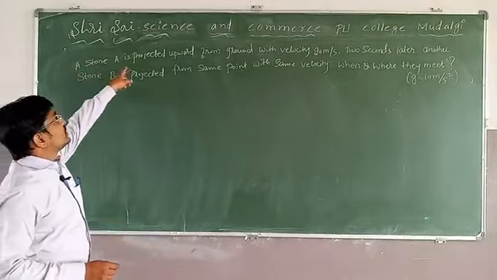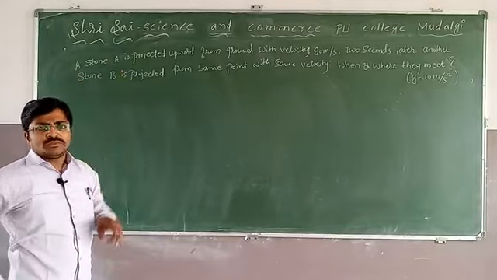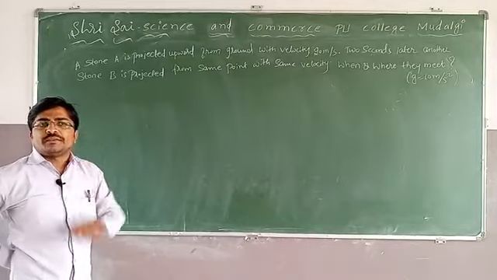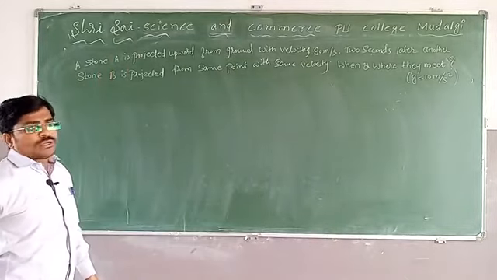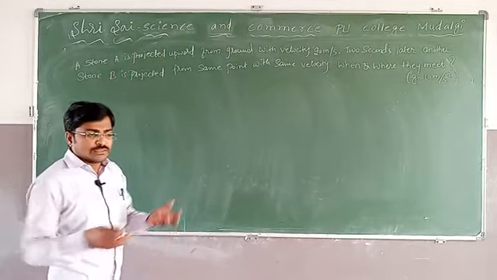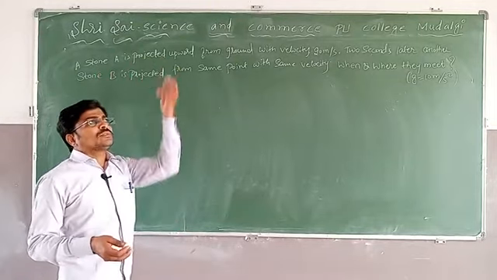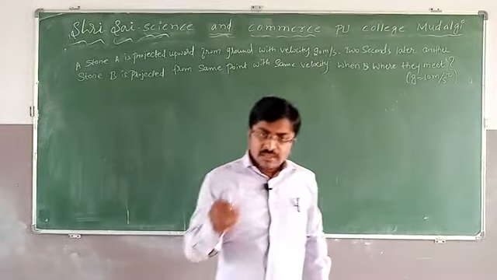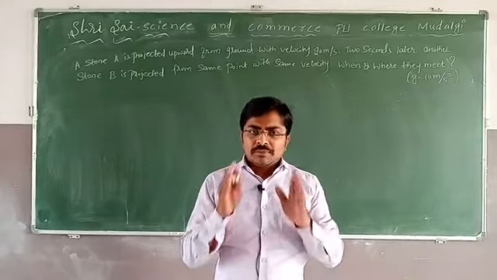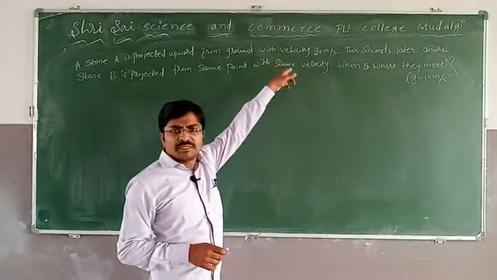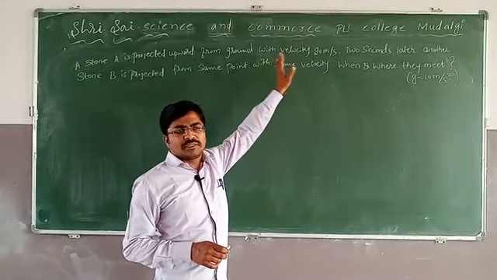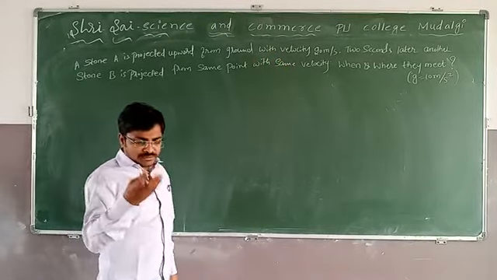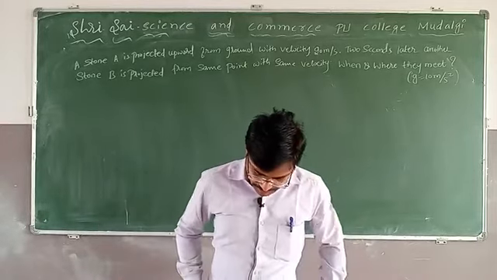A stone, stone A. They have given 2 stones in this problem, therefore I have given the names A and B. Stone A is thrown vertically upward with the speed 20 meter per second. In yesterday's problem I took it as 2 meter per second. Please make it 20 meter per second and try to solve it. That is a mistake I made.